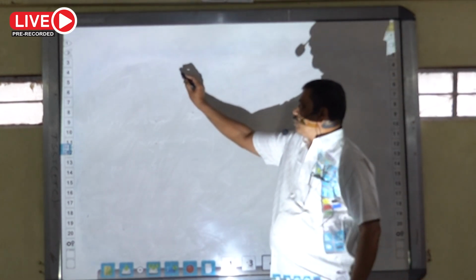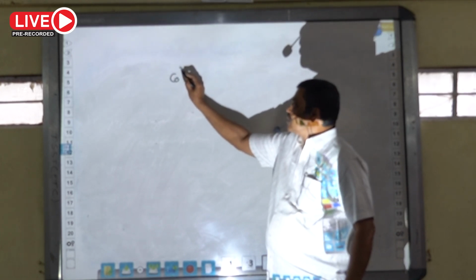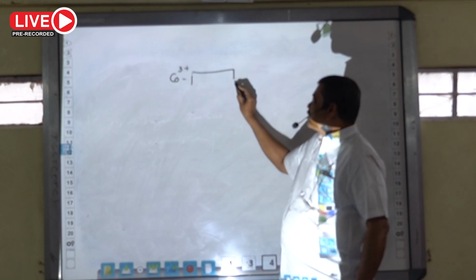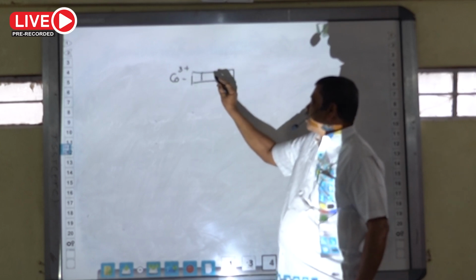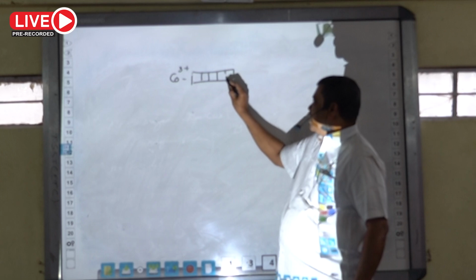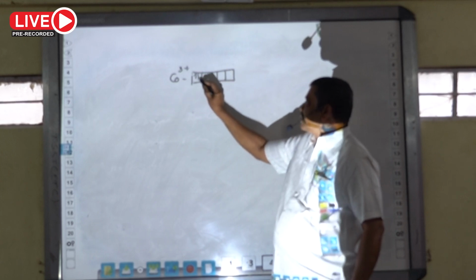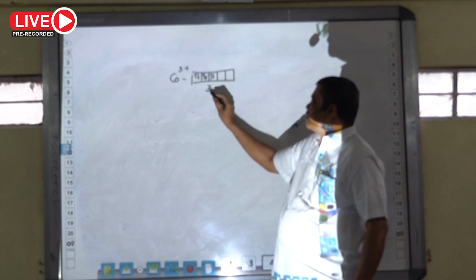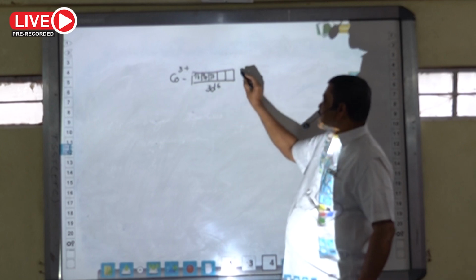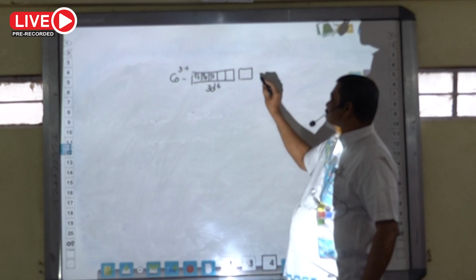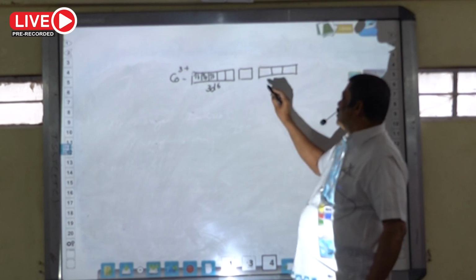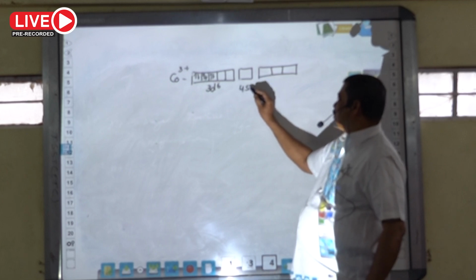So cobalt 3+ after electronic rearrangement becomes 3d6, 4s0, 4p0.